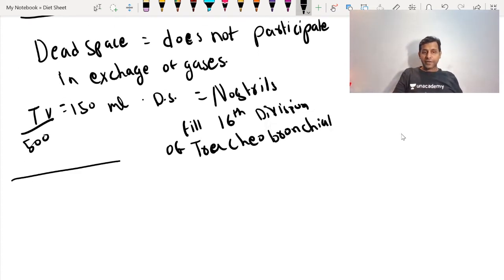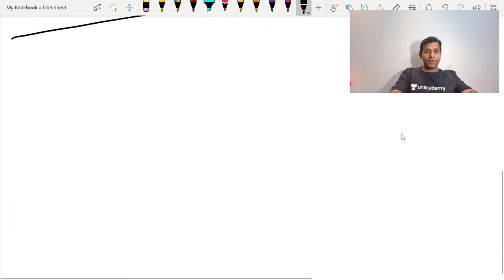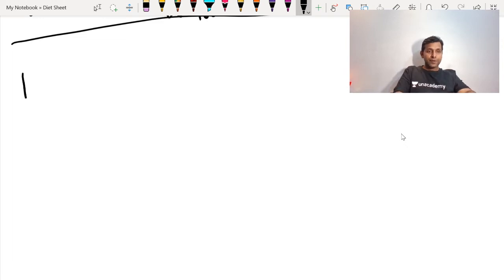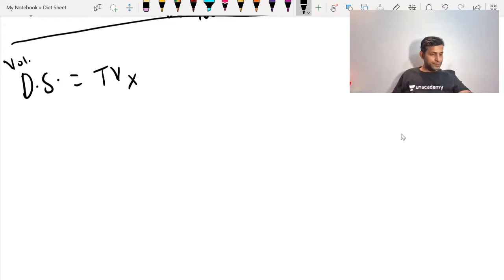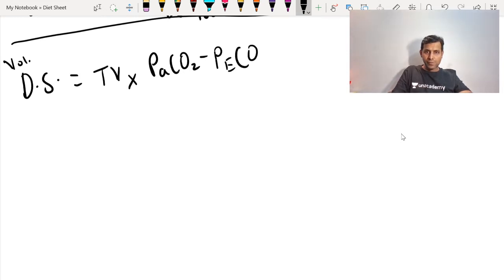The dead space can be calculated by a formula. The formula is: volume of dead space is equal to tidal volume into PaCO2 minus PeCO2, divided by PaCO2.